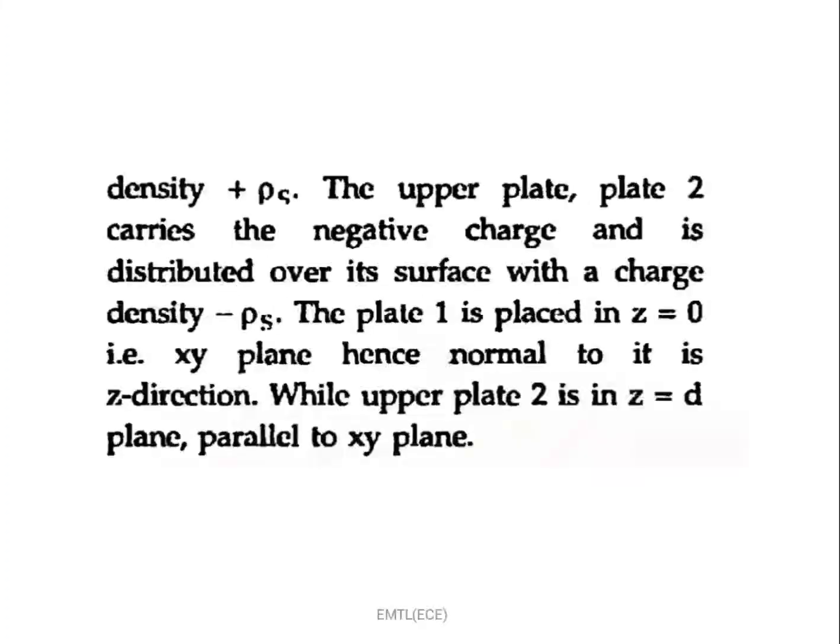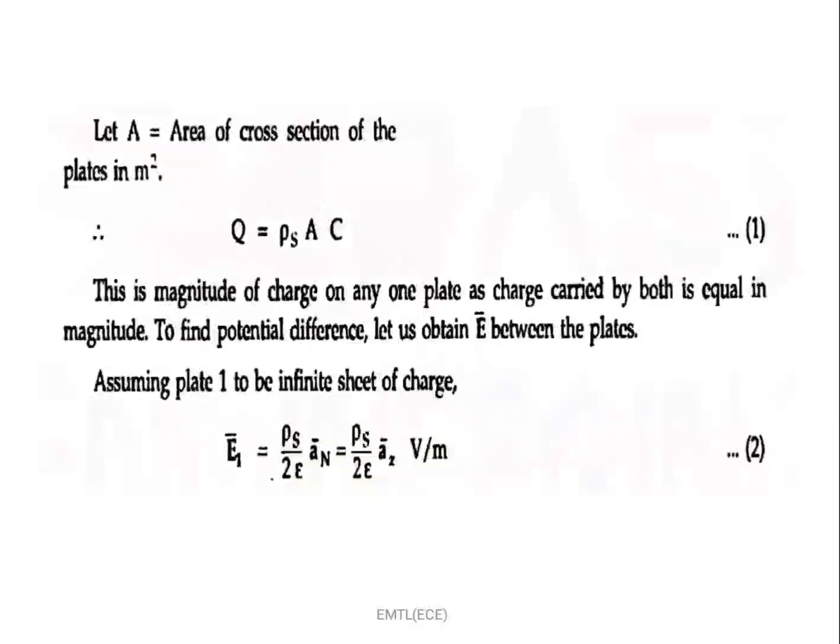That means plate 1 is placed at z is equal to 0, normal to the z direction, and the upper plate is placed at z is equal to d, that is, parallel to the xy plane. Now the area of cross section of these plates is named as A.